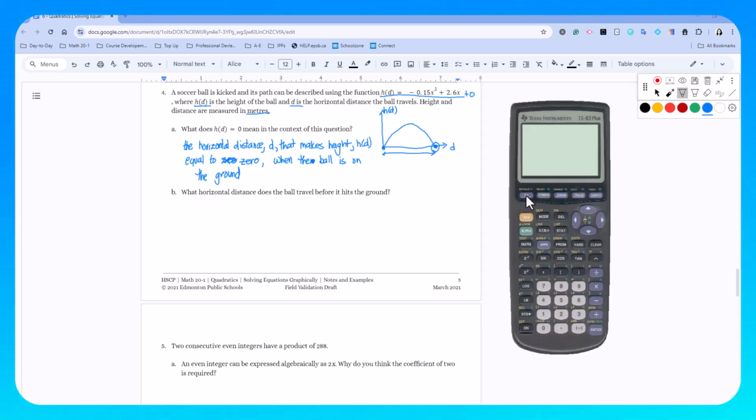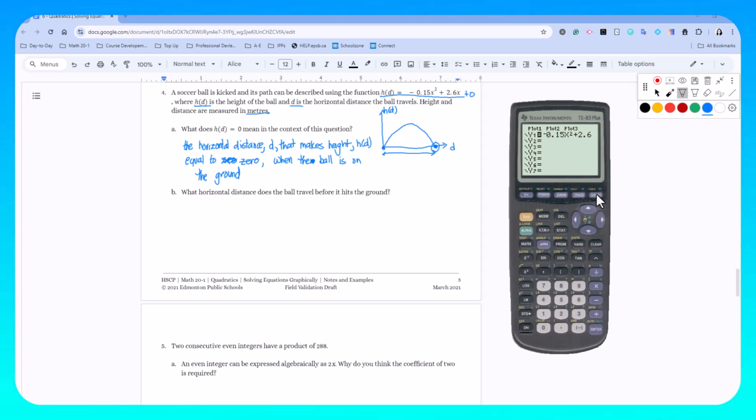We go in here, y equals negative 0.15 x squared plus 2.6.